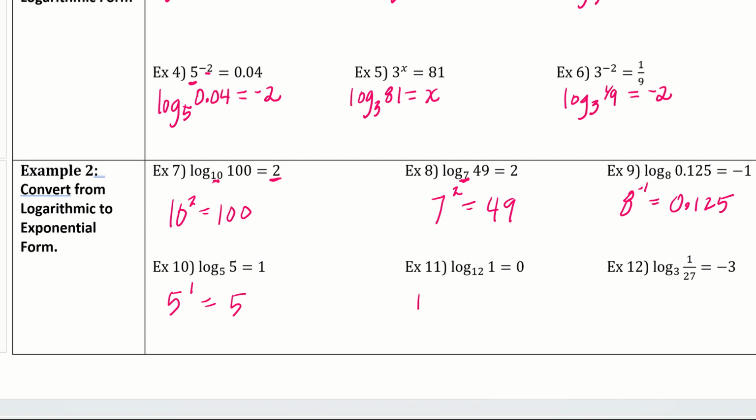Our base is 12, our exponent is 0, and our answer would be 1 in exponential form. And then finally, the last one, it's a fraction, but it'll be 3 as the base, negative 3 as the exponent, equal to 1/27.